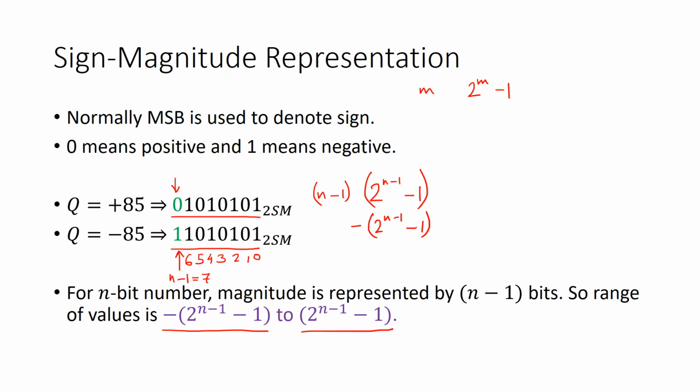So these ranges are important things to note. You can be asked what is the range of a normal binary, what is the range of a signed magnitude, and what is the range of the other different representations we come across, which are basically the complementary representations. So this is the range of the signed magnitude.